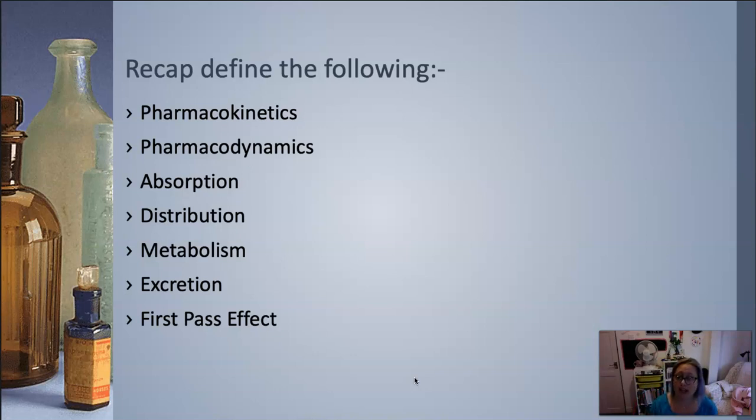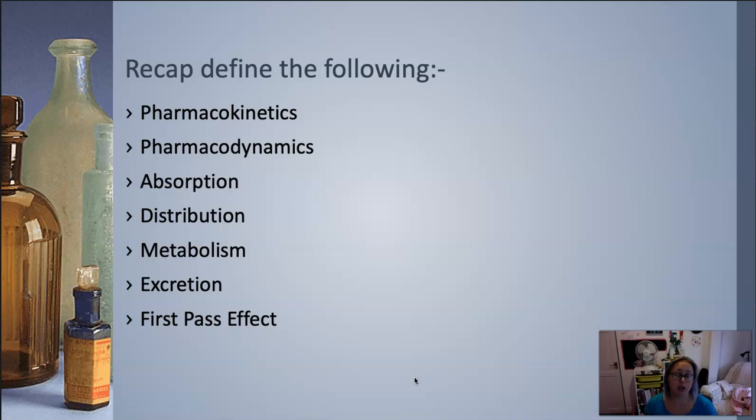First of all, I'd like you to go away and look at this list, and think about providing yourself with a definition of what is pharmacokinetics, what is pharmacodynamics, what's the difference between the two, what is absorption, what is distribution, what is metabolism, and what is excretion when we're thinking about pharmacokinetics and pharmacodynamics, and what is the first pass effect.